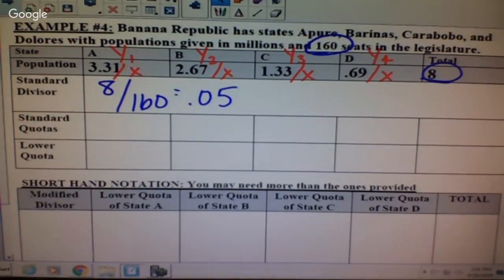All right. Do we at least have standard quotas and lower quotas? 60, for sure.